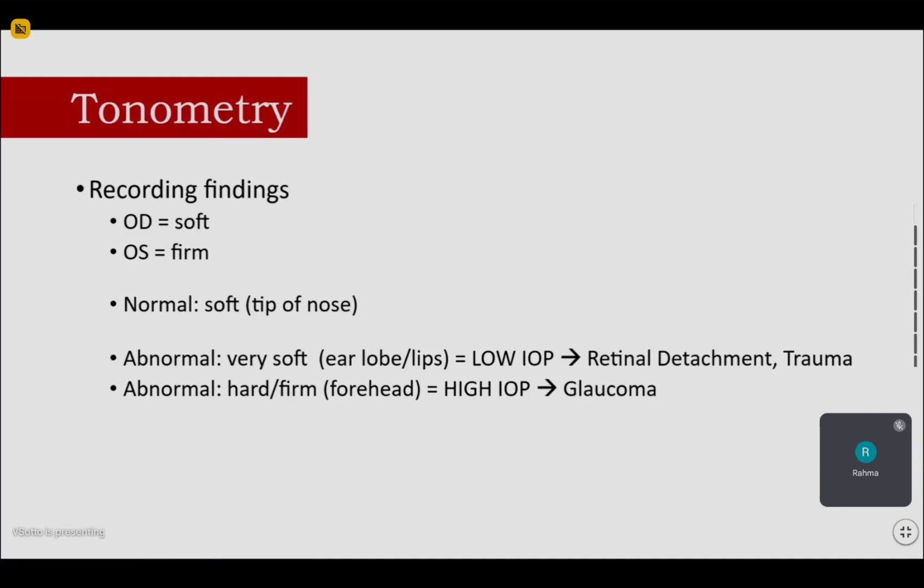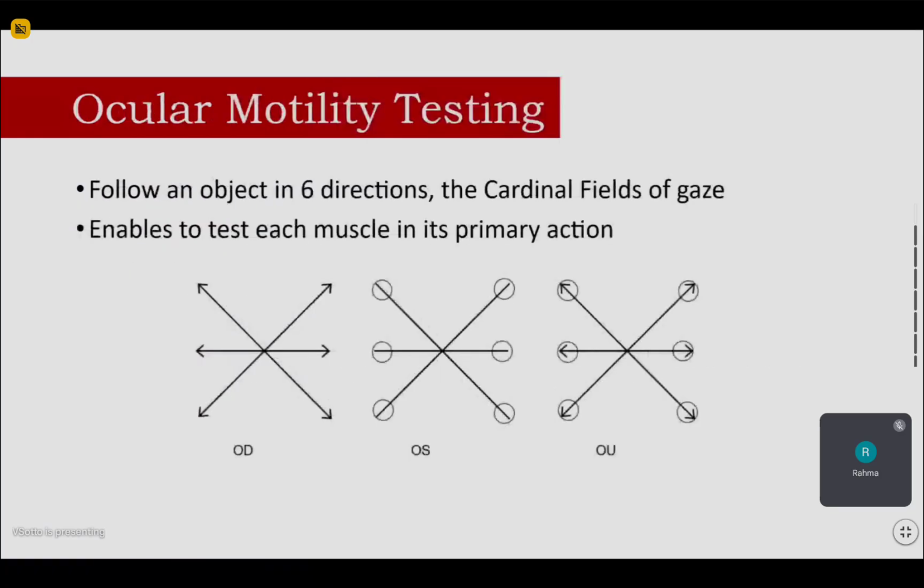But for hard or firm, like a forehead, you can suspect presence of glaucoma or high IOP. For ocular motility testing, we test for the six cardinal gazes.